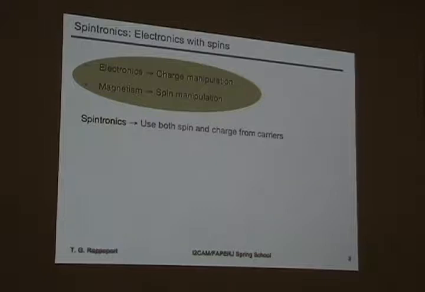In spintronics, we would like to use both spin and charge from the carriers. It means we can sometimes interchange these manipulations. In a way, you can manipulate electrically a magnetic property of a material or vice versa. In an analogy of what we have in optoelectronics, for example.